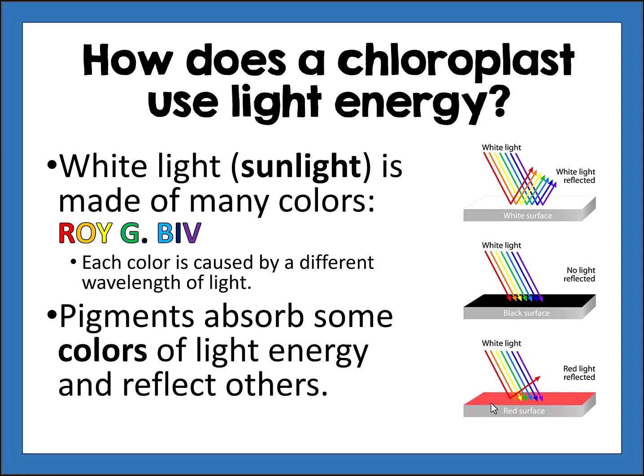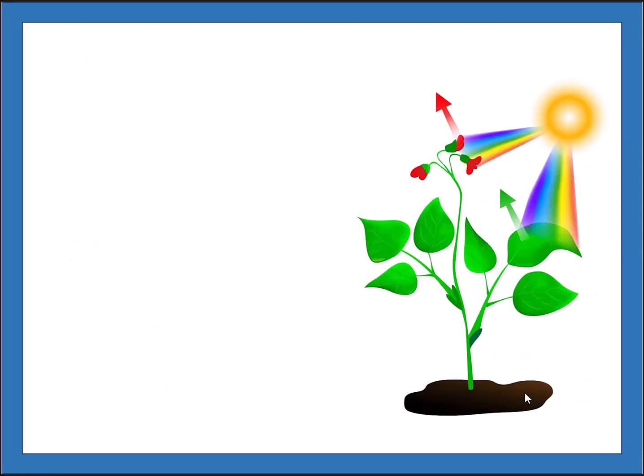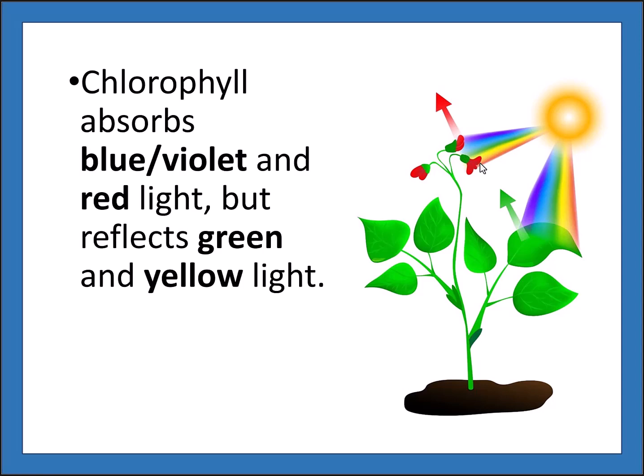But if you see something that looks like it's a color, that color is actually being reflected to your eye, where all the other colors are being absorbed into that surface. So when you're looking at a green plant, that green light is being reflected to your eye, and these flowers, the red light is being reflected to your eye, and all the other colors are being absorbed by those leaves.